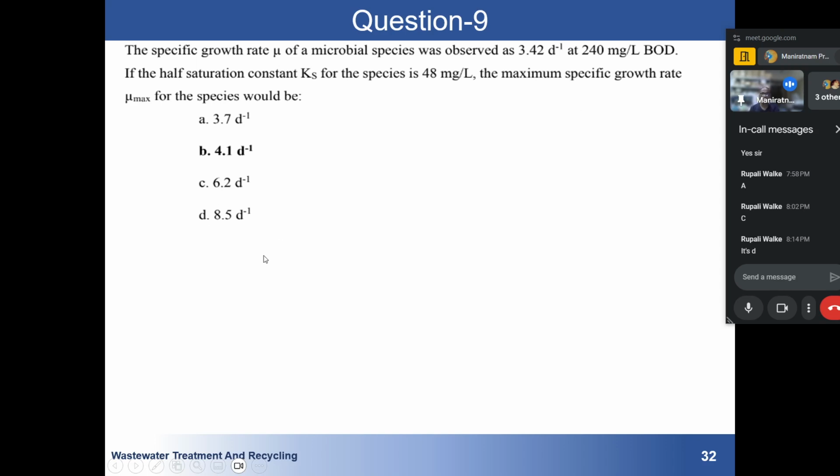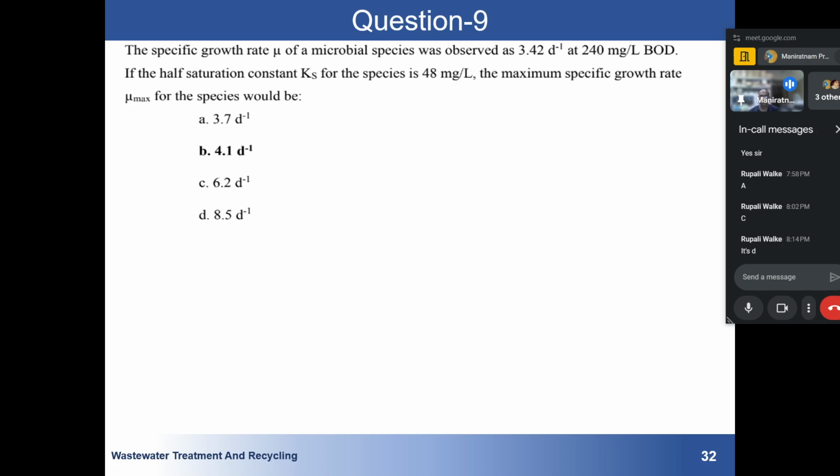Try to solve it. Answer is 4.1, but you don't have to identify it, it's already given. A specific growth rate mu was observed at the given s. Mu is also given to you. The Ks, that is the half saturation index of a species, is 48.